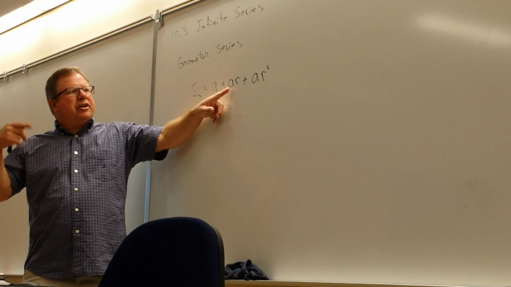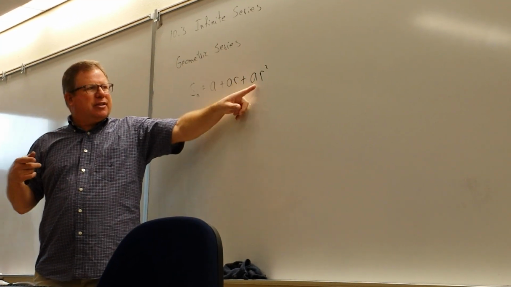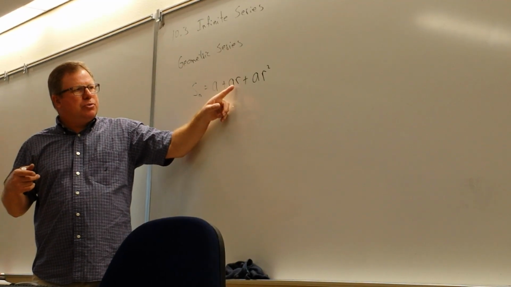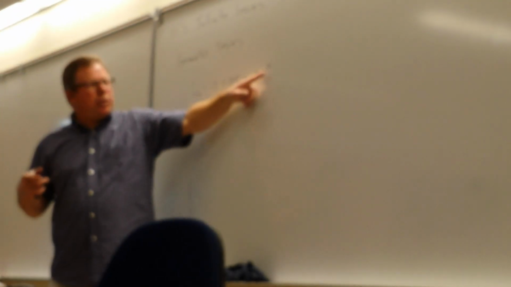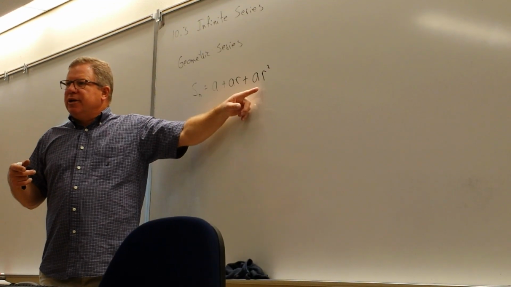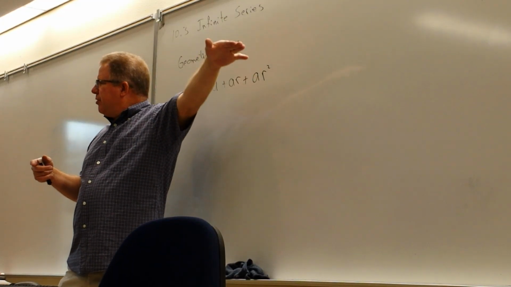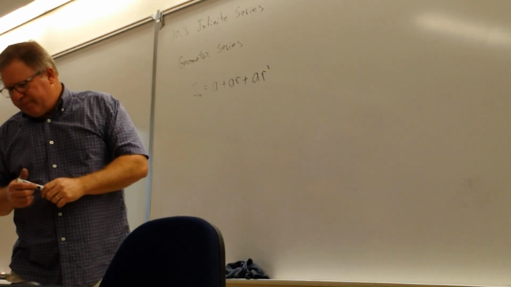Then we multiply by the common ratio again to get this, so multiply by r 2 times to get that, which made it squared. Does that make sense? Then it will be cubed and ar to the 4th, and so on and so on and so on.